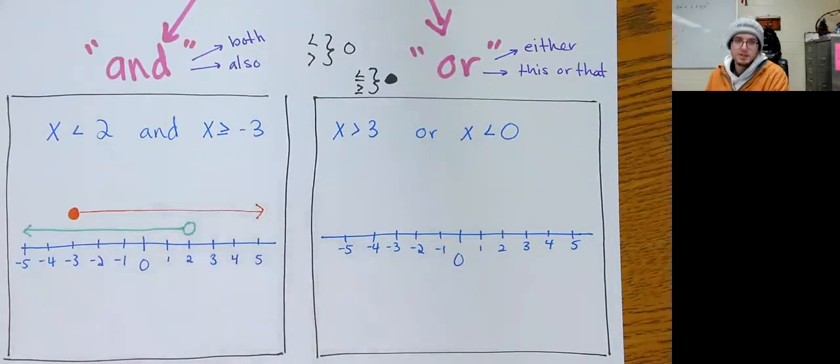Now the word "and" means both. So the solution has to work for both of the inequalities being combined. Where is it happening for both of them?